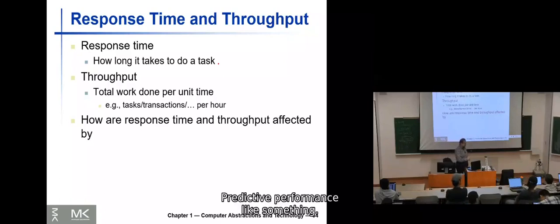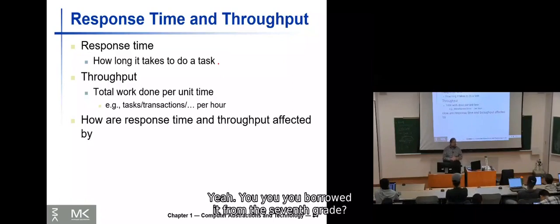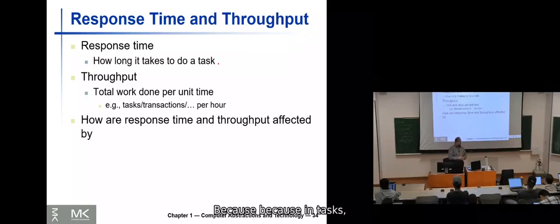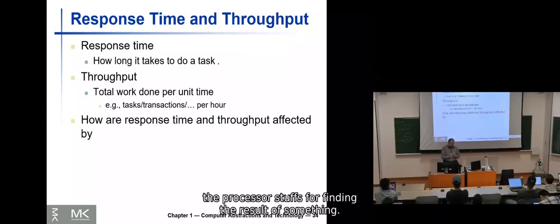Yeah? Use some predictive performance, like add something to allow the computer to predict performance. Yeah. You borrowed it from the 7th grade ideas. That's right? Yeah, very good. Because in tasks, there are lots of times that the processor stops for finding the result of something.